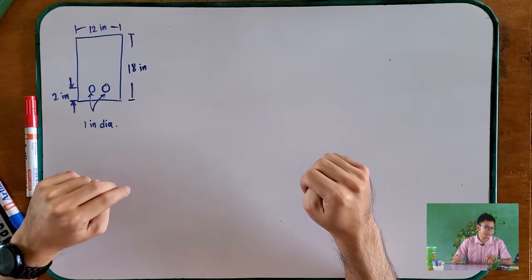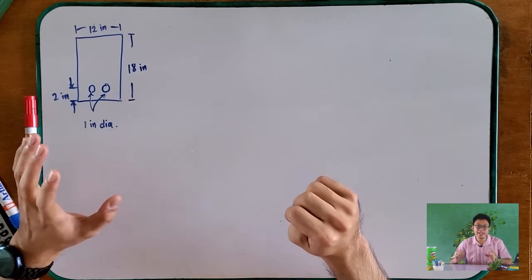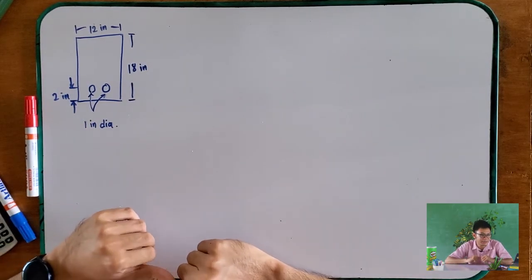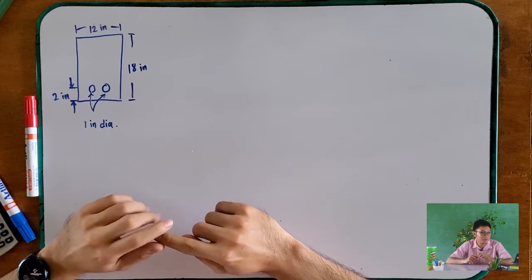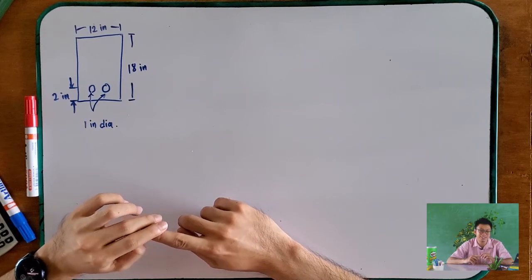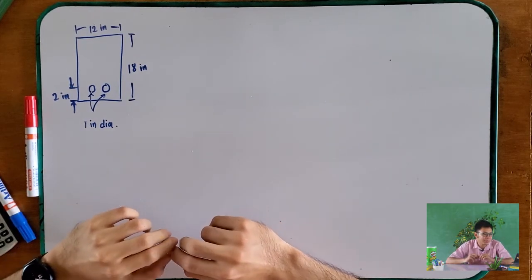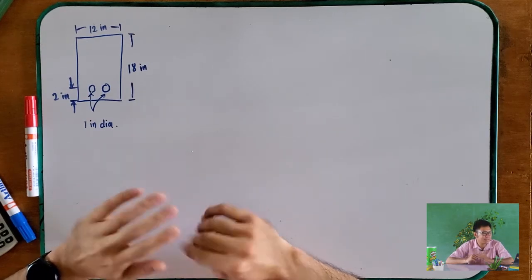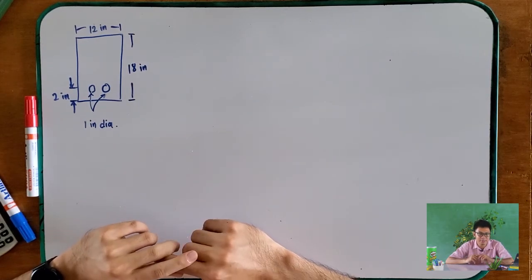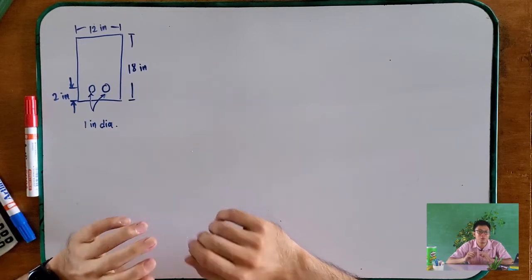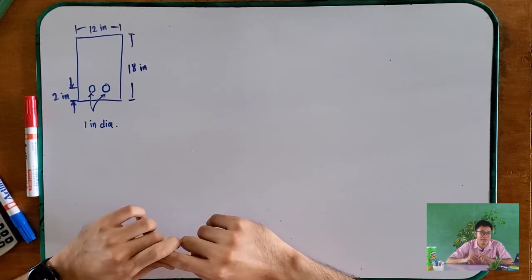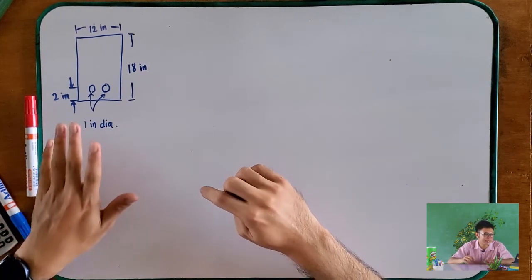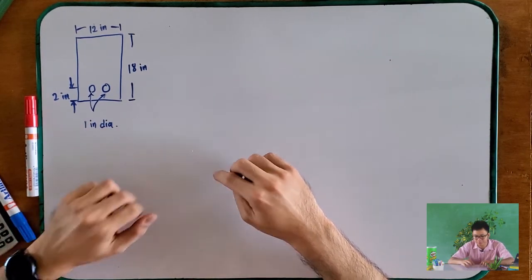And there is a moment applied on that portion of 60 kip-feet. Also given is the modulus of elasticity of our steel as 29 times 10 to the 3 ksi and of our concrete as 3.6 times 10 to the 3 ksi. So we are going to solve for the normal stress of the steel reinforcing rods, and also the maximum normal stress of the concrete.